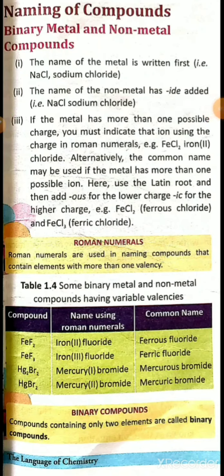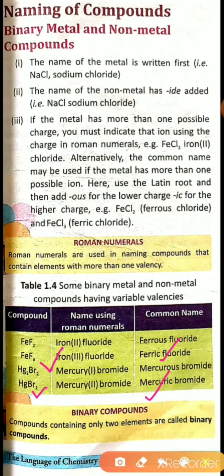Okay students, here 2 atoms of hydrogen are there, and here 1 atom of mercury is there. After that also, for 2 atoms it is written mercurous, and for 1 atom of mercury it is written mercuric. So why this, about this I will tell you in the next video.